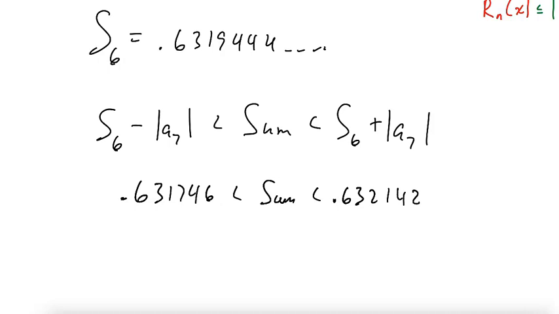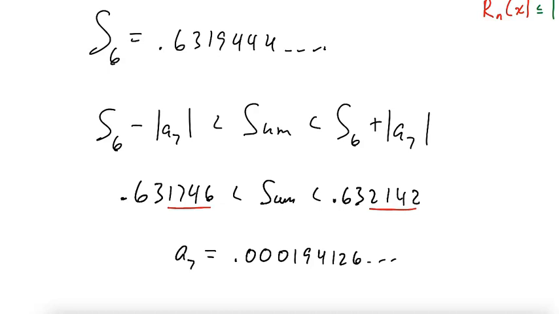So what are these off by? They're off by the 7th term, and the 7th term is 0.00019412, and so on.